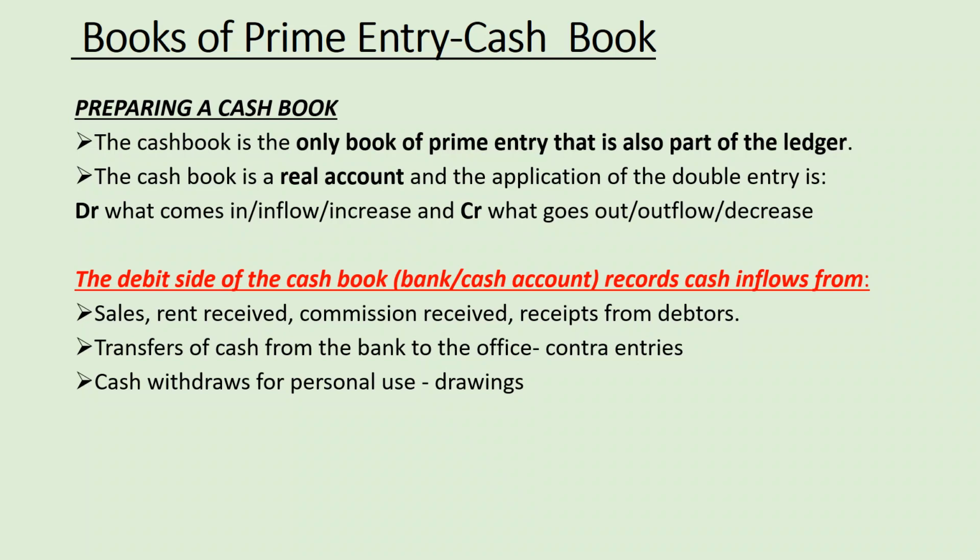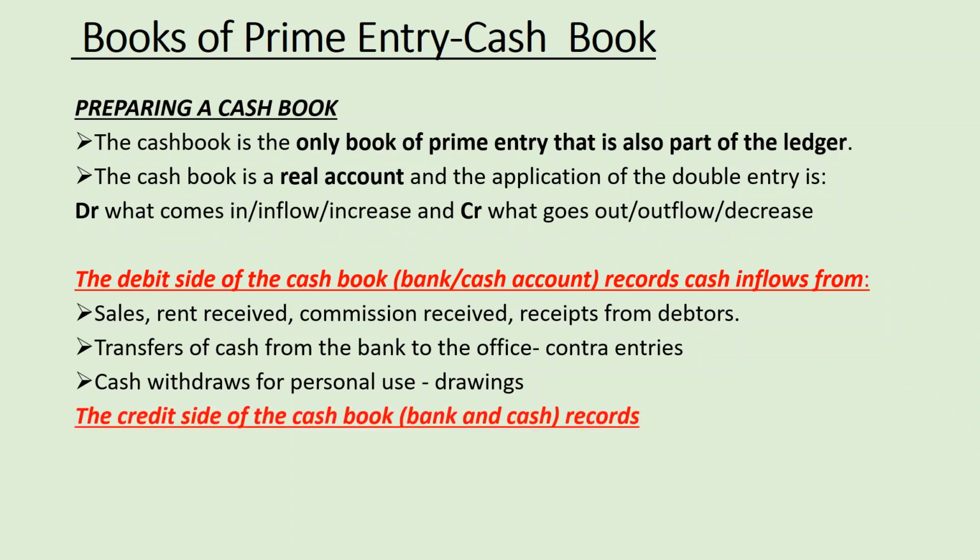Since you're going to receive that money, the account that is going to concentrate on your activity is going to show that it received some money. So the money that you get for personal use is also going to be on the debit side of the cash account. Okay, the credit side of the cash book.